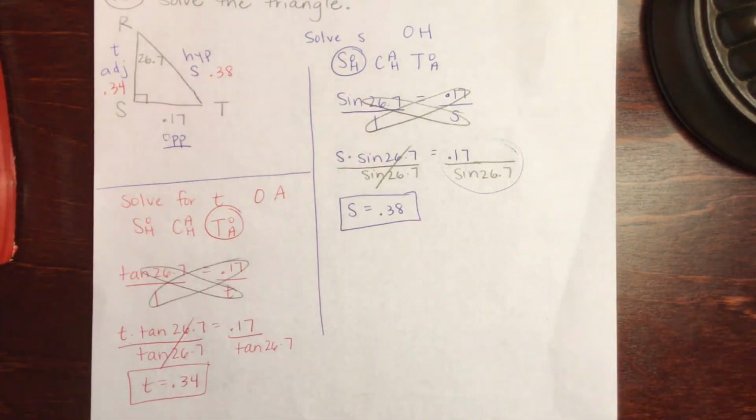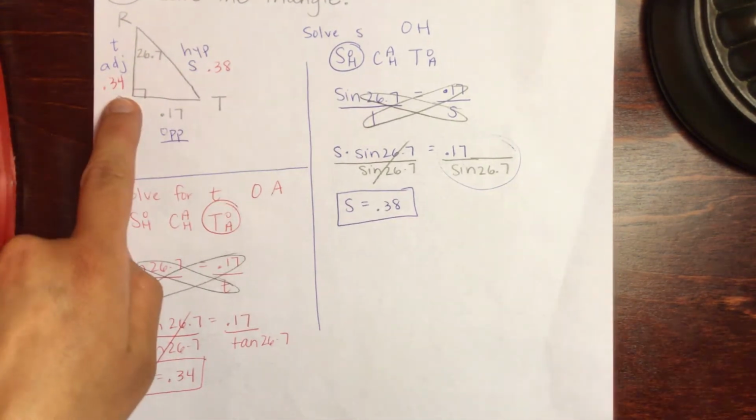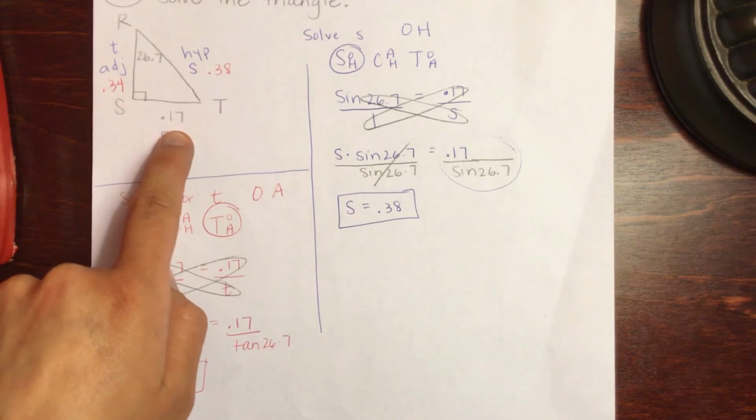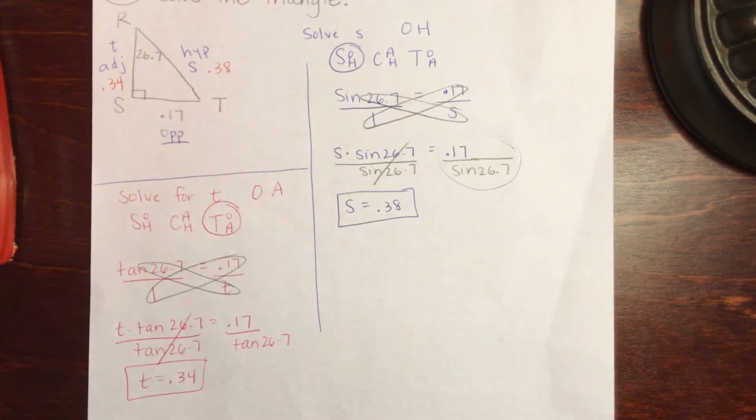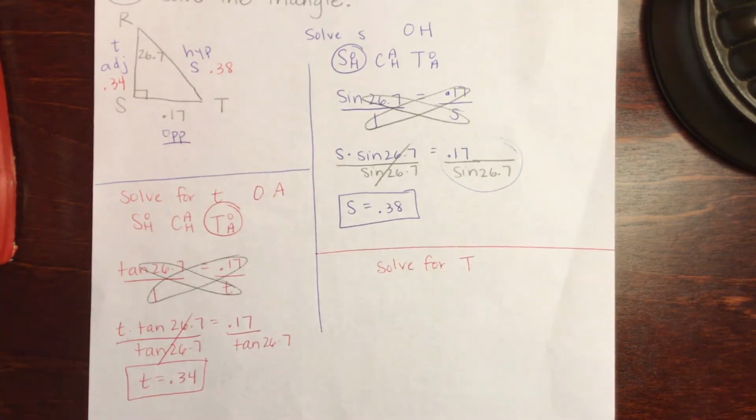You can do Pythagorean theorem here just to double check. 0.34 squared plus 0.17 squared should equal 0.38 squared. Finally, to solve the triangle, we have to know all 3 sides, done, and all 3 angles.